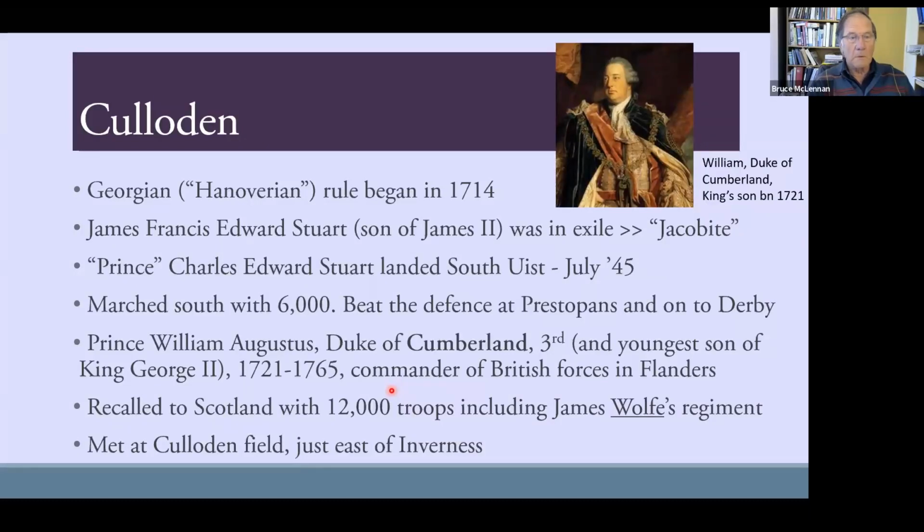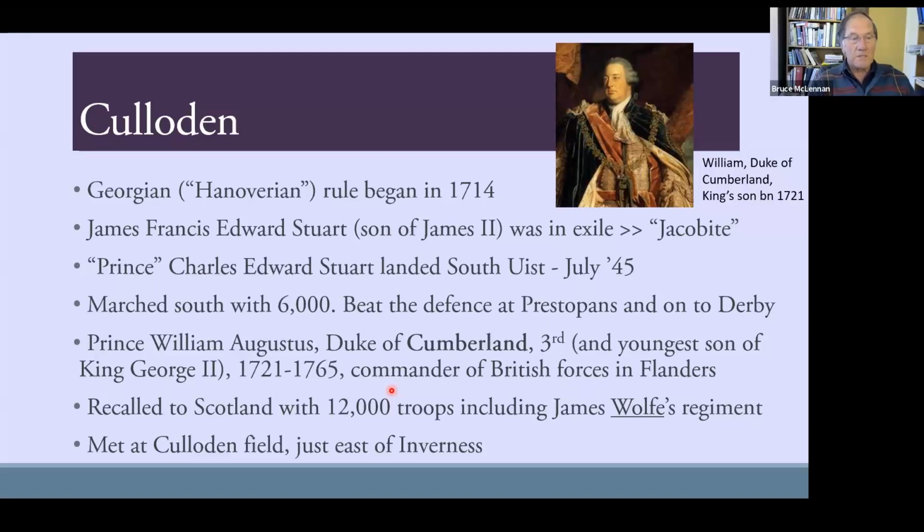Their king in waiting, you might say, was in exile in France and the Vatican and other places. And that's where we get the name Jacobite from the name James. Jacob is the Latin word for James.